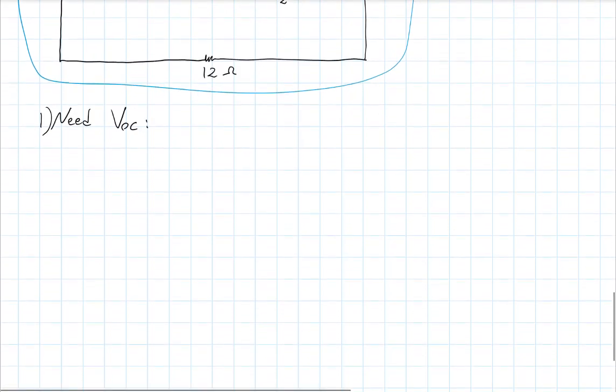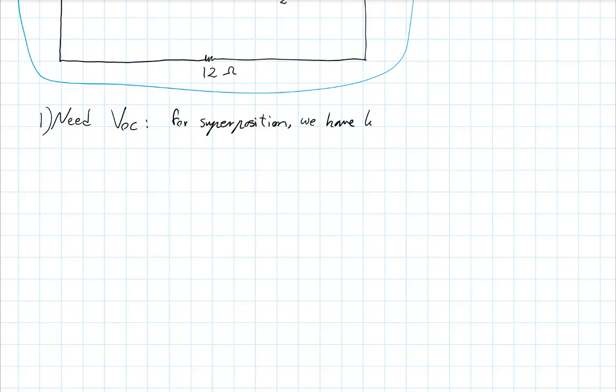So using superposition means we have to find the effect of each independent source.